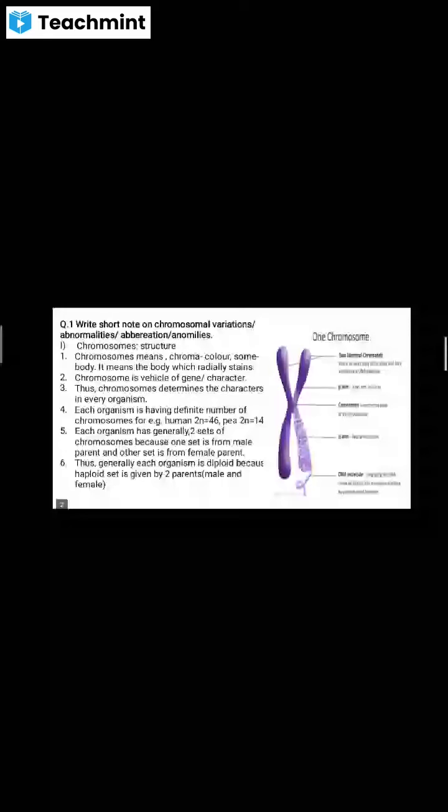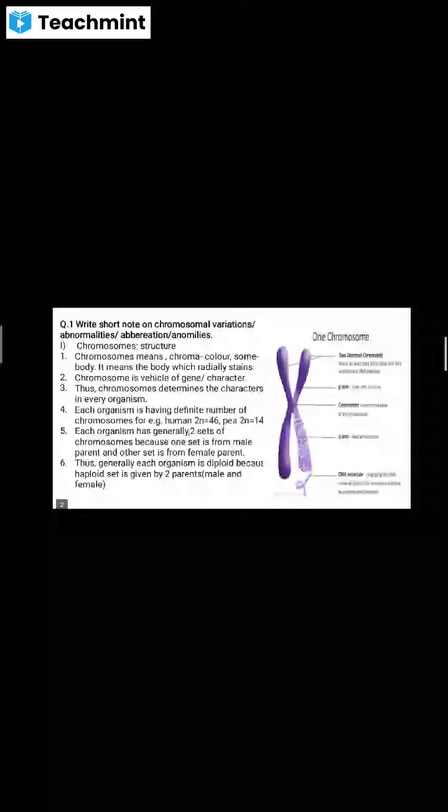These bodies are readily stained. Then these chromosomes are carriers of genes or characters. As I already told you, these chromosomes carry the genes in the form of DNA molecules. So they can transfer all characters of the cell from one generation to the next generation.